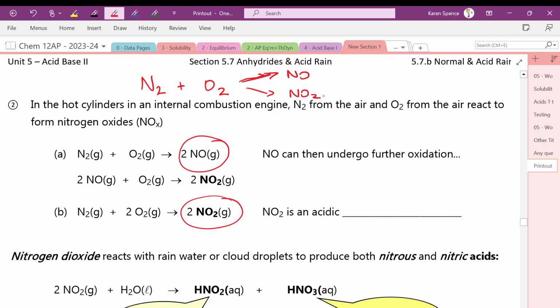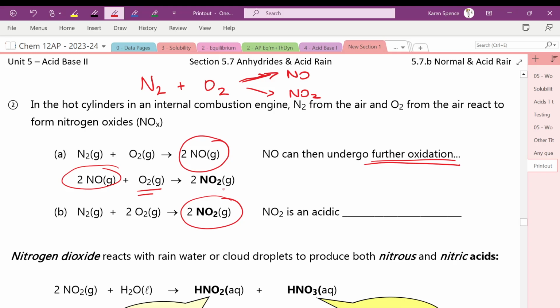Now, NO is pretty much unreactive in water. It was one of those neutral things. So it actually undergoes further oxidation. We get our NO reacting with more O2 to eventually give us NO2.